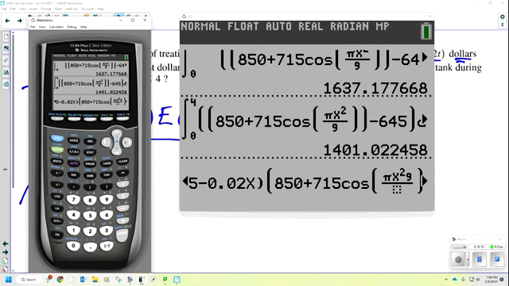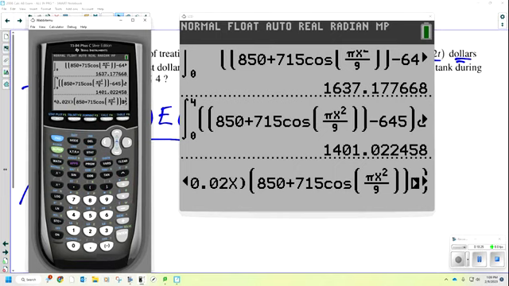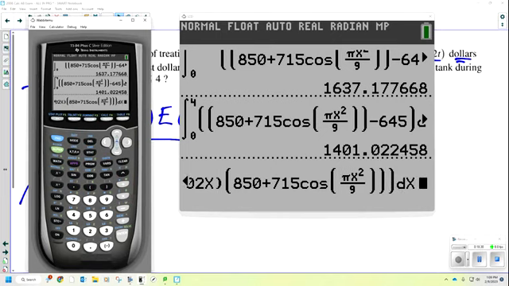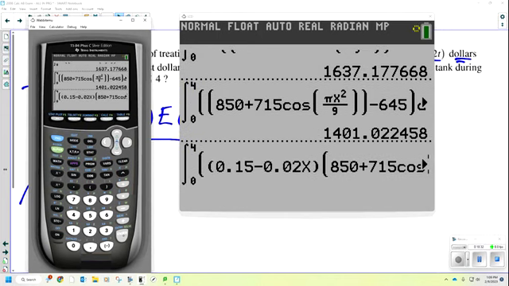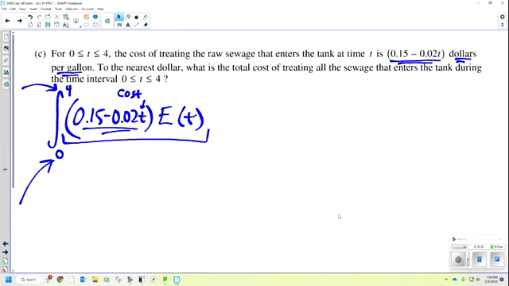Ooh, the 9 did not go in the bottom. Let's close that parenthesis for the cosine function. Let's close a parenthesis for E of t. And put our dummy variable there. $474.32. So that's approximately $474.32, or $474 to the nearest dollar.